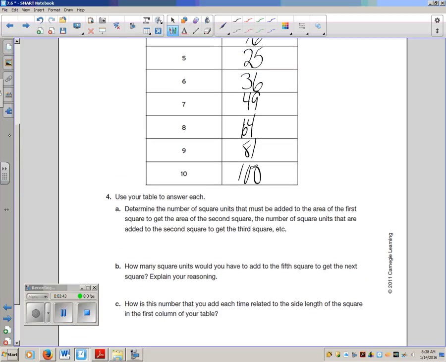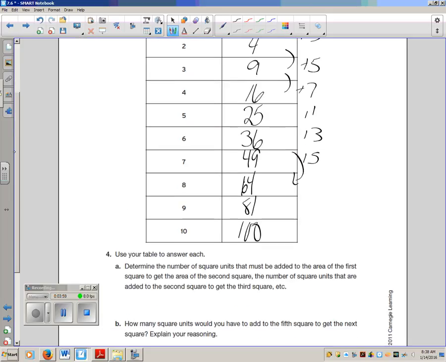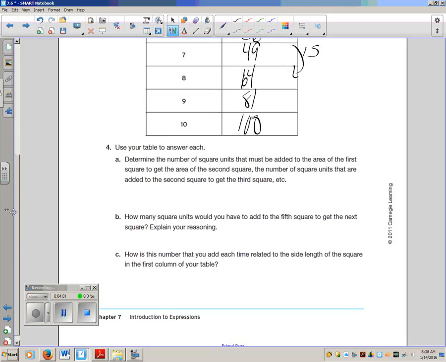Just did this on the other problems. It's just a different way to look at it. Remember, we plus 3, plus 5, plus 7, that's 11, 13, 15. Lots of patterns in math. Answer A, B, and C. This is the pattern. This is what you're trying to figure out.